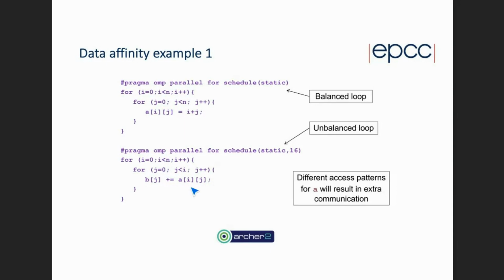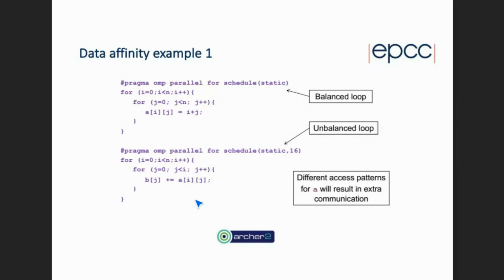So this is an example where the code does not have good data affinity, because we're not accessing the same subset of data by the same thread. A pattern like this is going to result in a lot of communication.